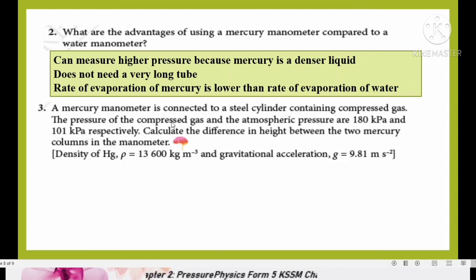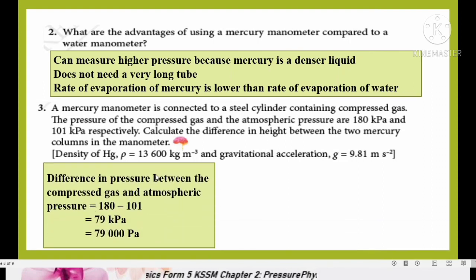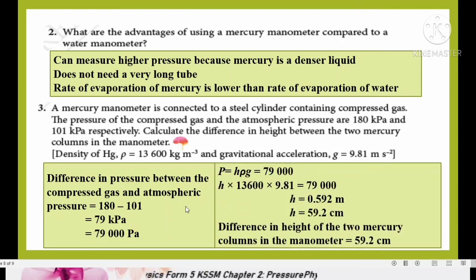The difference is just 180 minus 101, so it becomes 79 kilopascal or 79,000 Pascal. We need to convert the unit from Pascal to centimeter of mercury.